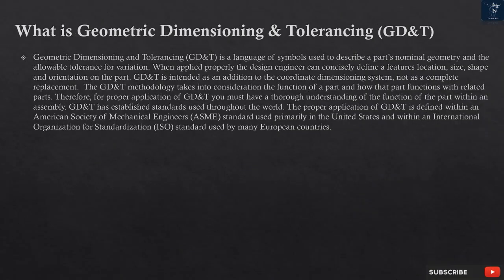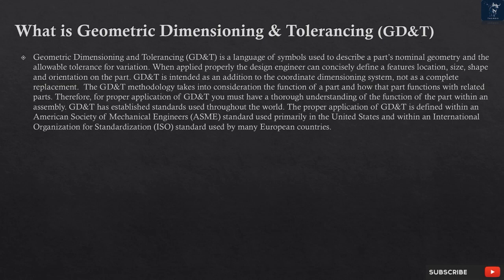What is Geometric Dimensioning and Tolerancing, GD&T? Geometric Dimensioning and Tolerancing, GD&T, is a language of symbols used to describe a part's nominal geometry and the allowable tolerance for variation. When applied properly, the design engineer can concisely define a feature's location, size, shape and orientation on the part.